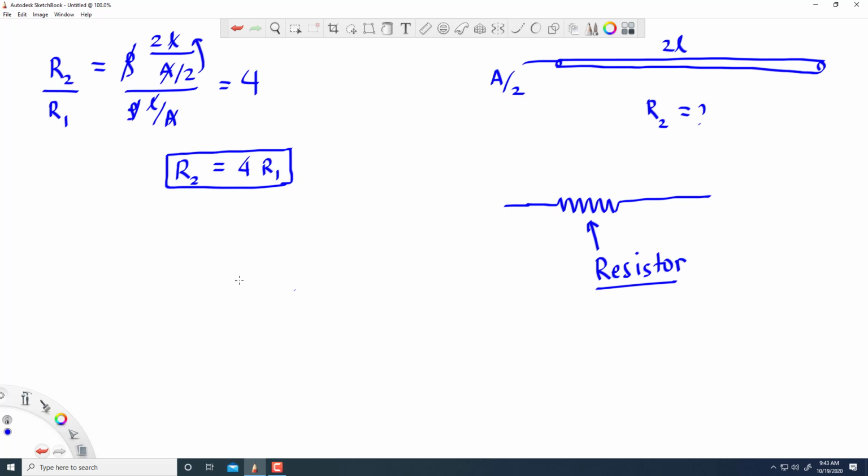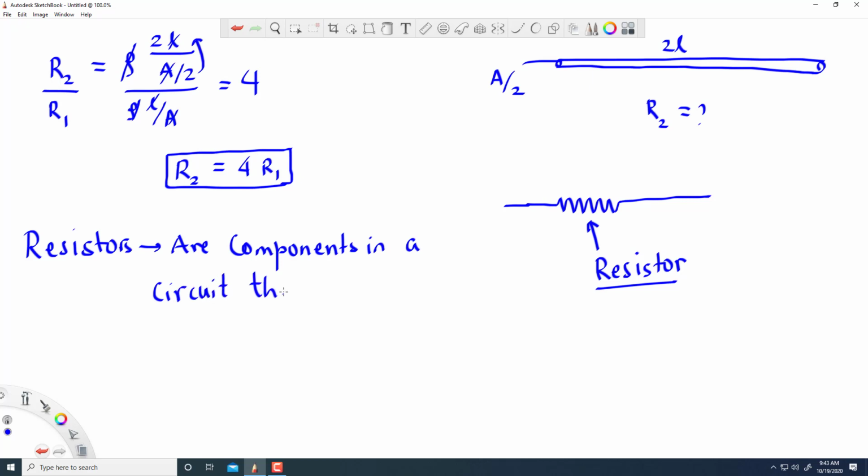Or you can say resistors are components in a circuit that resist flow of current.